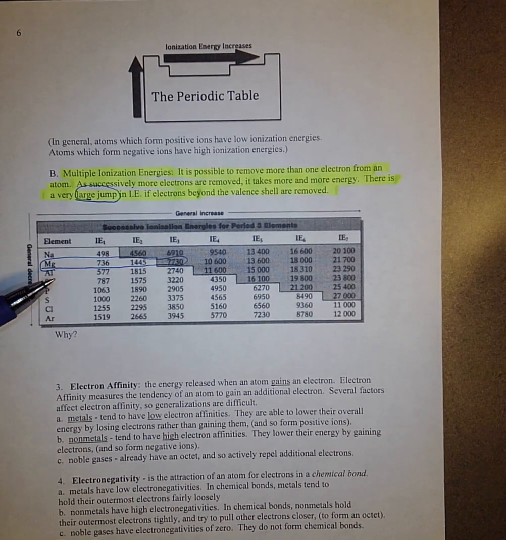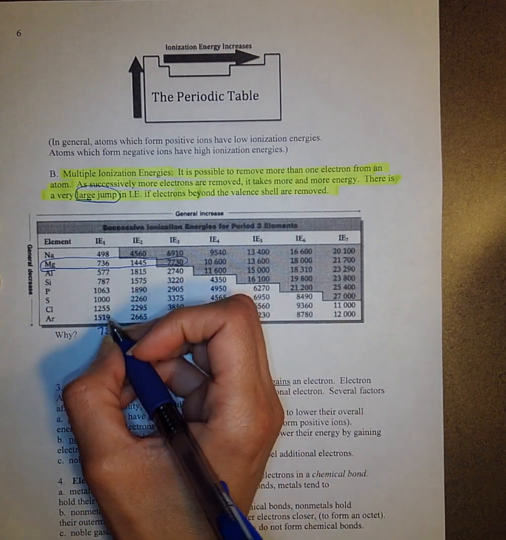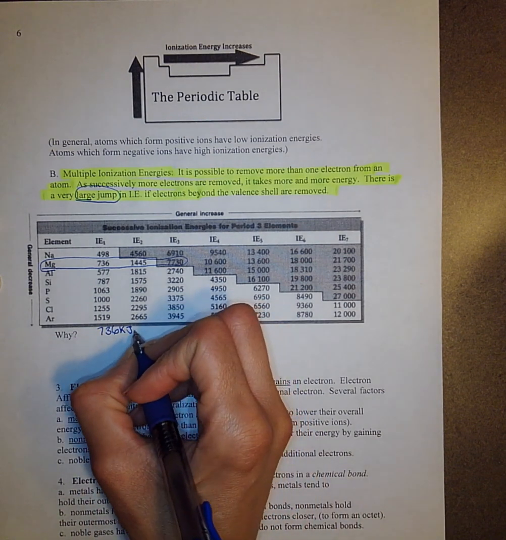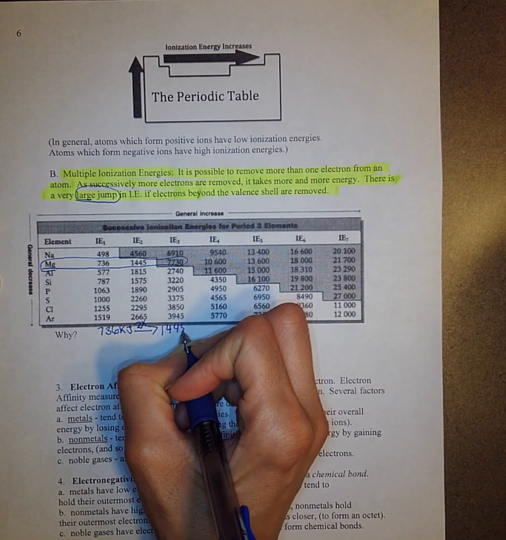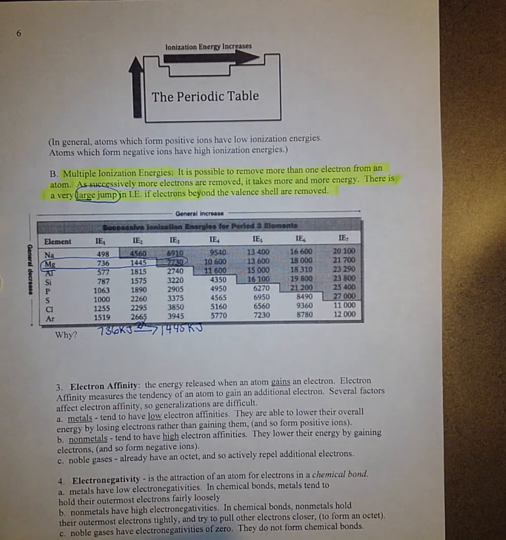Keep in mind that magnesium can have up to two electrons removed. So we can say that 736 kilojoules is about twice as much, 2x, to 1445 kilojoules.